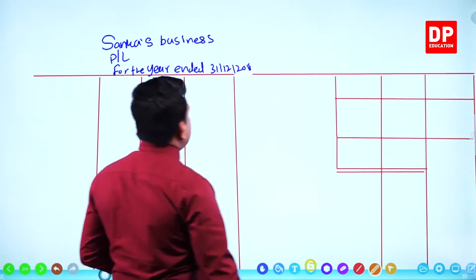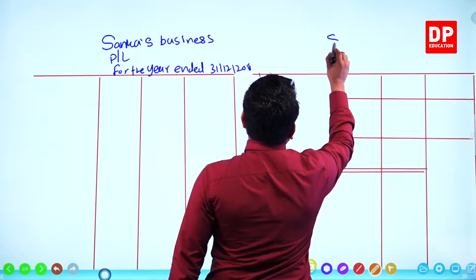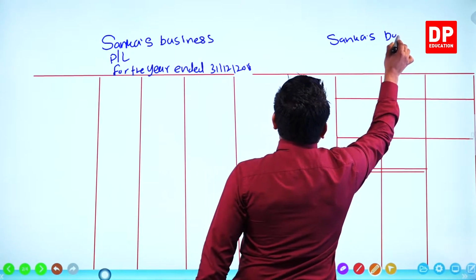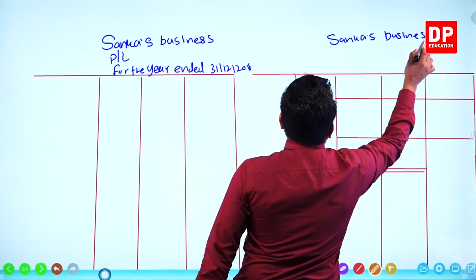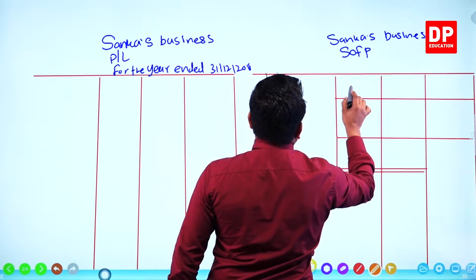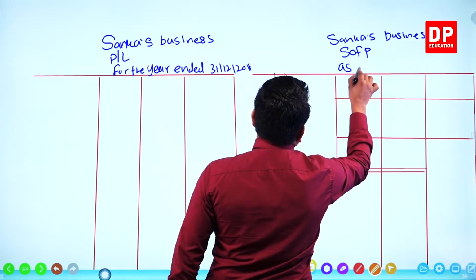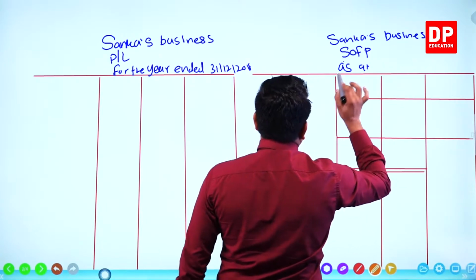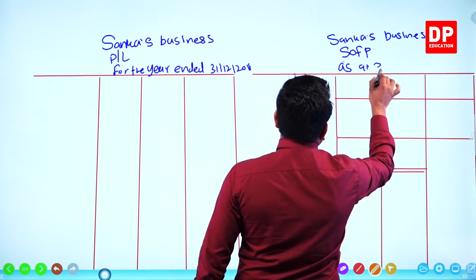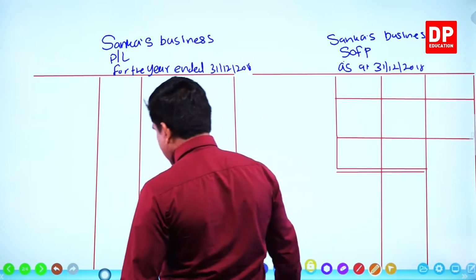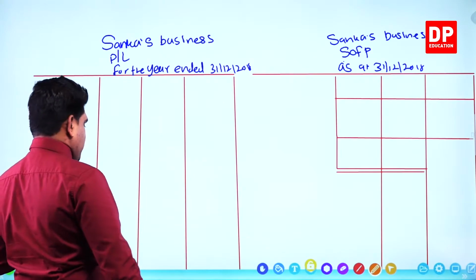Here you write the same business, Sankar's business. What is this? Statement of financial position as at, you write long word, statement of financial position, but I use here a short word, as at 31st December 2018, right? This is the way. Then we start from this place, right?